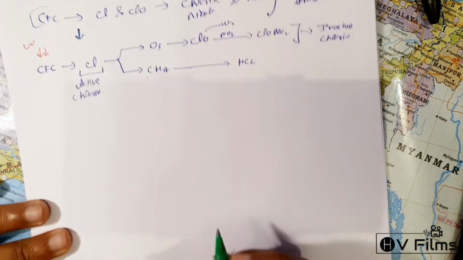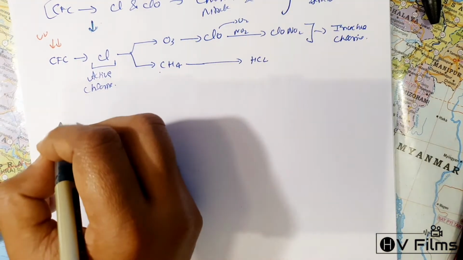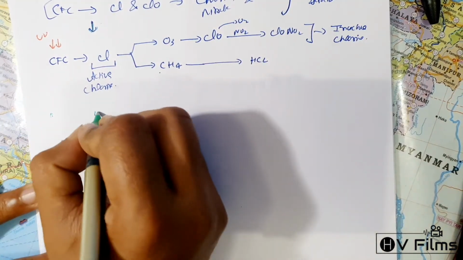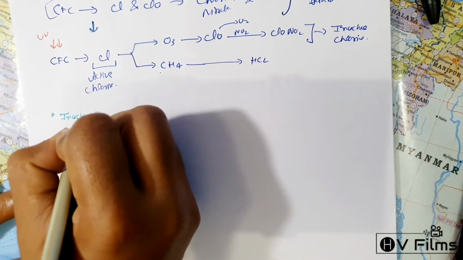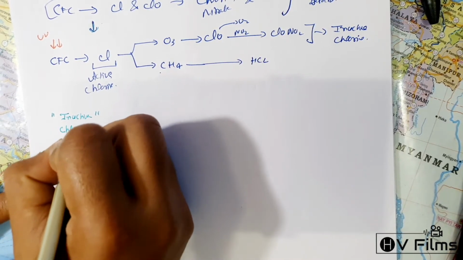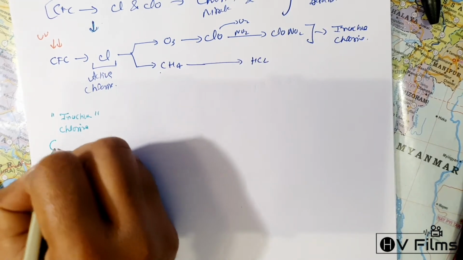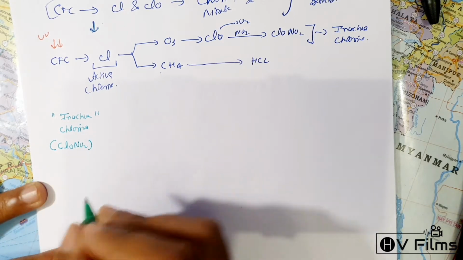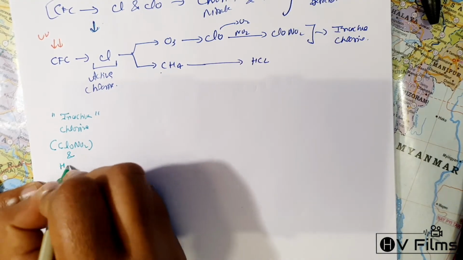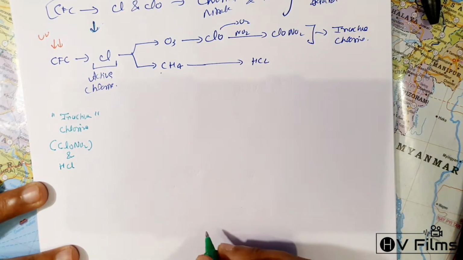So just imagine you have inactive chlorine, that is the chlorine nitrate, ClONO2, right? And you also have HCl from here.